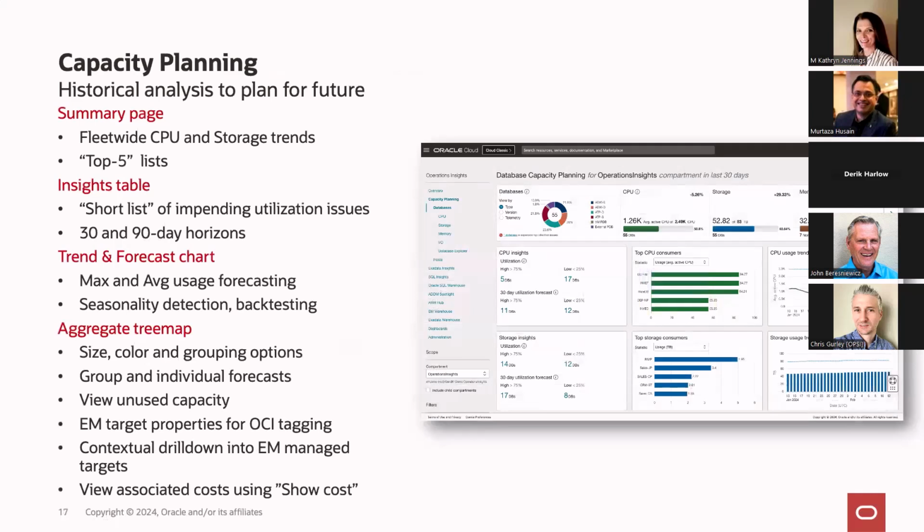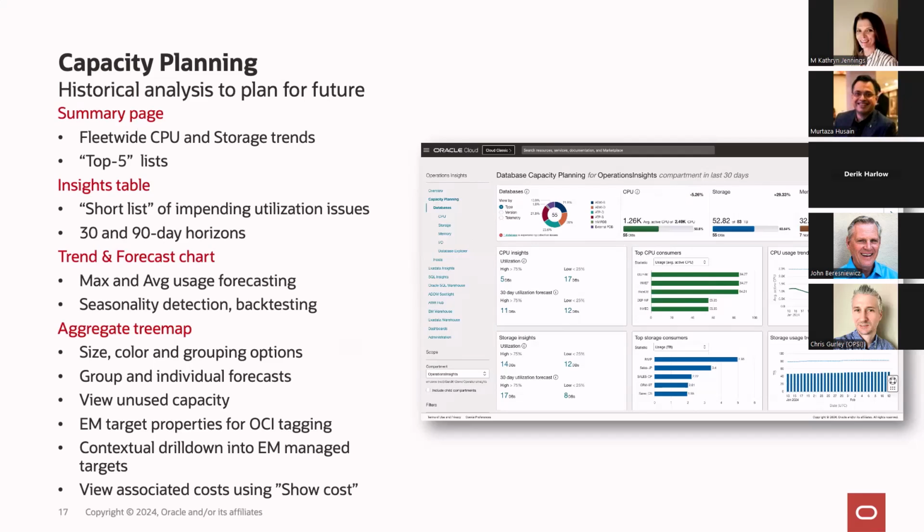Now moving on to the capacity planning side of things. As a database fleet administrator or capacity planner, this capability of capacity planning has been there as part of Ops Insights for some time. It lets you perform the following use cases at the compartment level for CPU, storage, memory, and I/O. Essentially, it helps in obtaining a bird's-eye view of aggregate database or host CPU allocations, utilization, and usage trends.